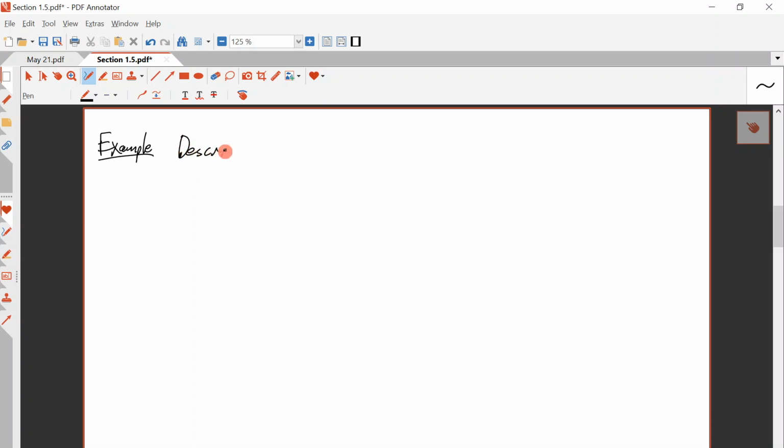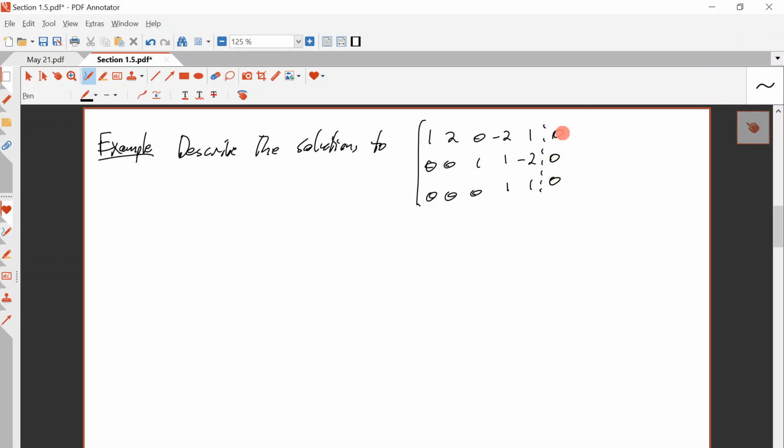So describe the solutions to the homogeneous system with the matrix 1, 2, 0, minus 2, 1; 0, 0, 1, 1, negative 2; and 0, 0, 0, 1, 1, equal to the zero vector.